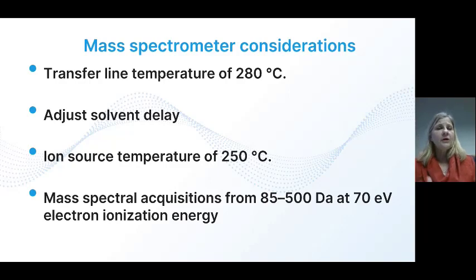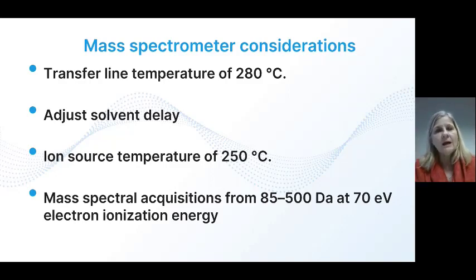So we set a solvent delay, so we only start detecting after the solvent has eluted from the column. And then you normally have a mass spectral acquisition between 85 and 500 Dalton, and your electron ionization energy at 70 volts.